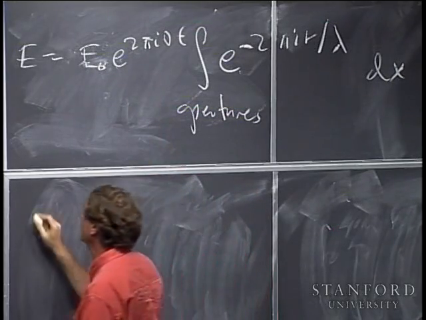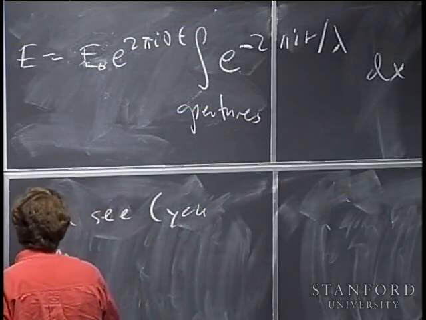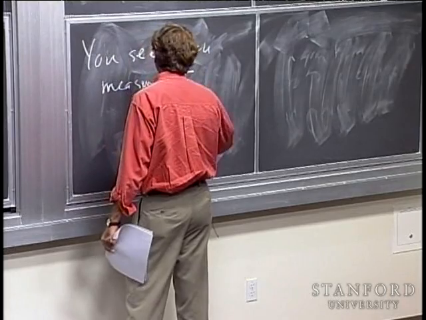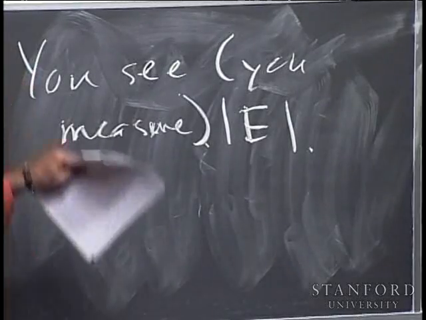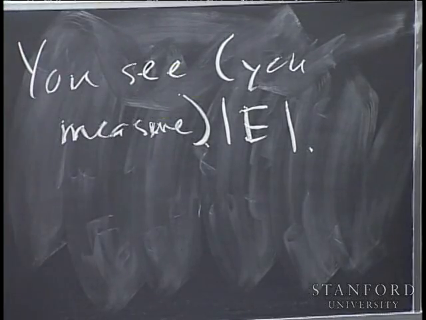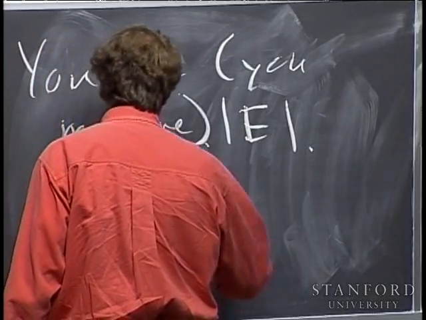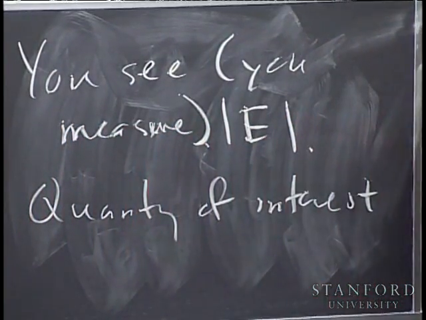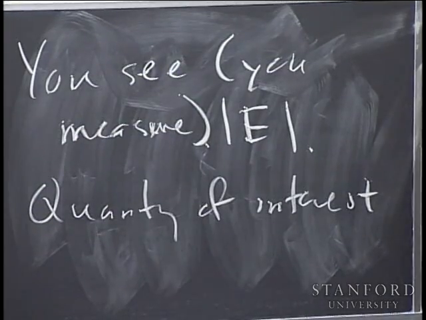So you measure the magnitude of E. The quantity of interest here really is the integral, not the stuff out in front of it. It's this integral over the apertures of e to the minus 2 pi i r over lambda dx.